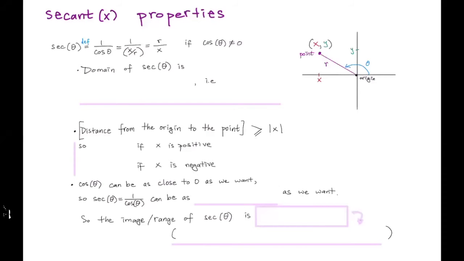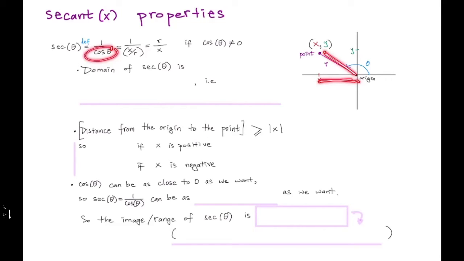The last two functions that I want to talk about are secant x and its inverse. So let's look at some properties of the secant function. Recall that secant is 1 over cosine. So if we draw this circle with radius r, you can think of cosine of theta as being x over the length of r.